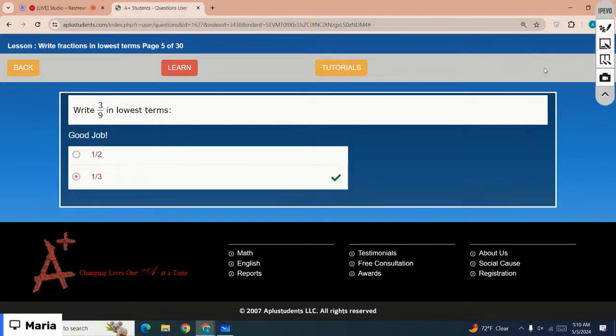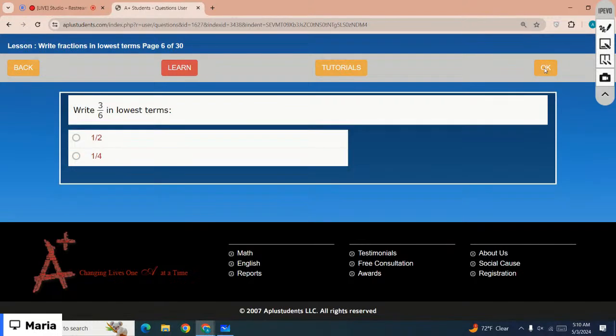Okay, the next one is write 3 by 6 in the lowest term, which is the correct option? Yes, that is again 1 by 2. You can complete the lesson by yourself later today.